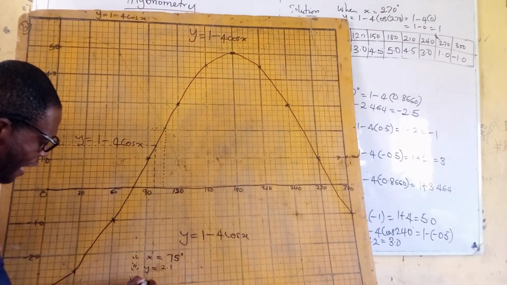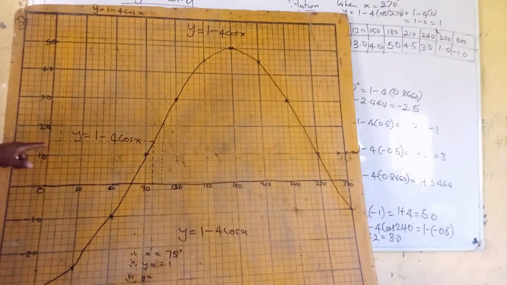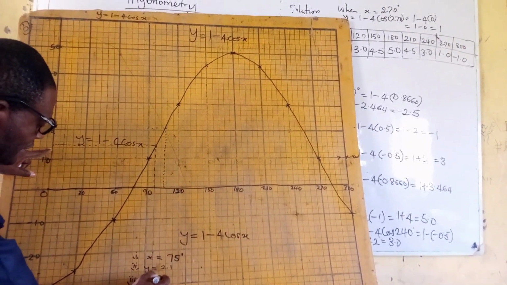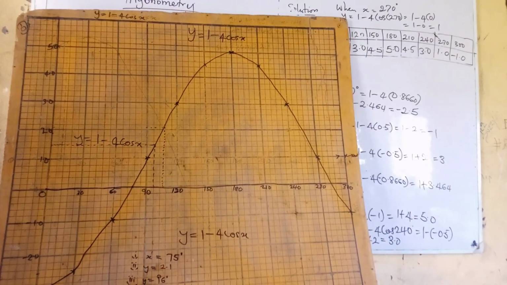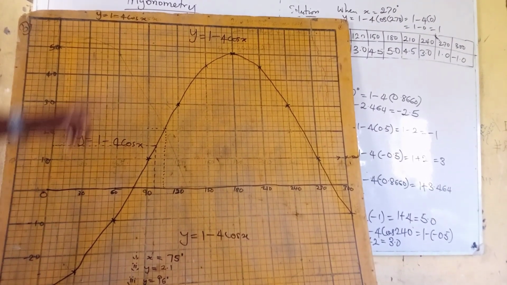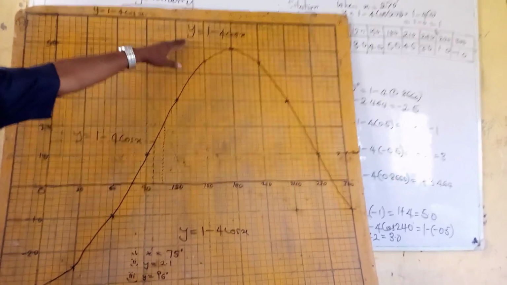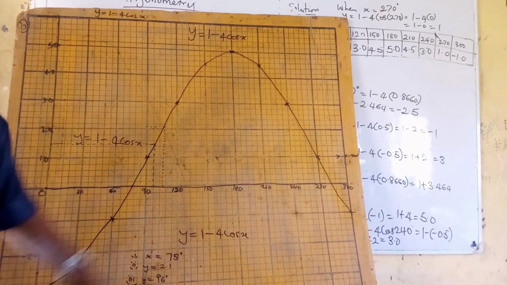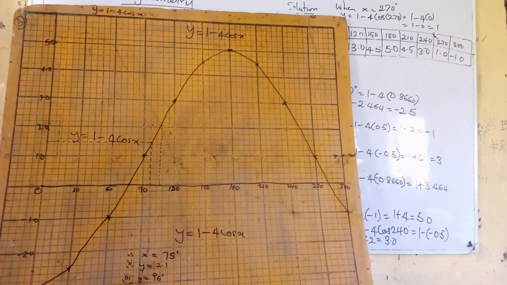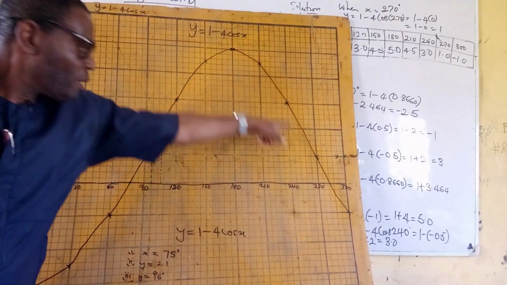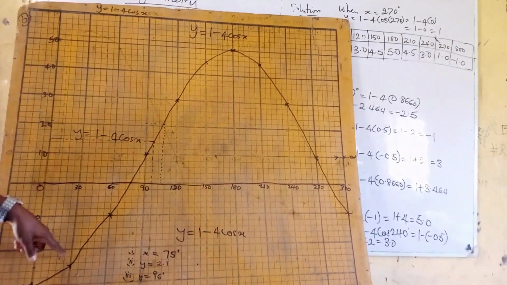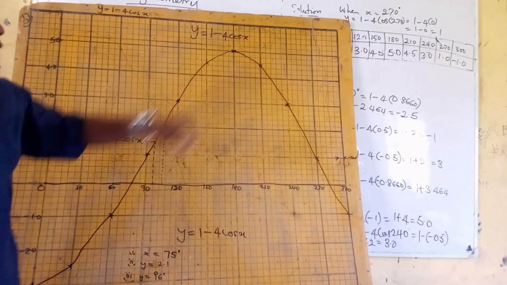So the value of x when y is 1.5 is 96 degrees. That is the solution. The function is y equals 1 minus 4 cos x. Remember that this is a function. This is the graph of 1 minus 4 cos x.